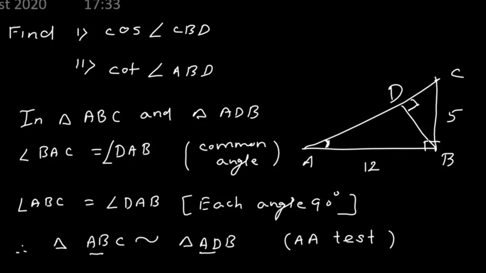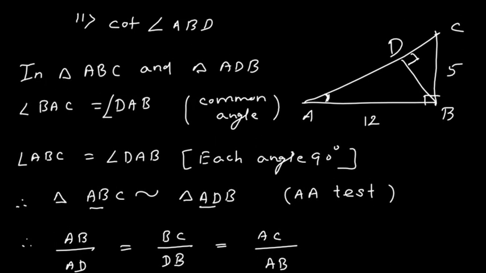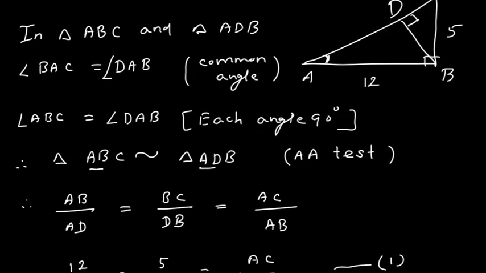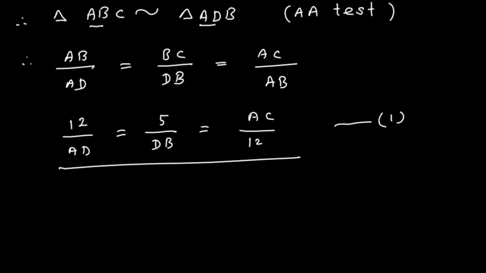But before that, as the two triangles are similar, I can say that angle C and angle B are equal. The reason is corresponding parts of similar triangles.